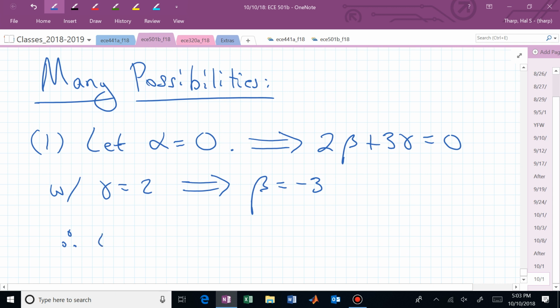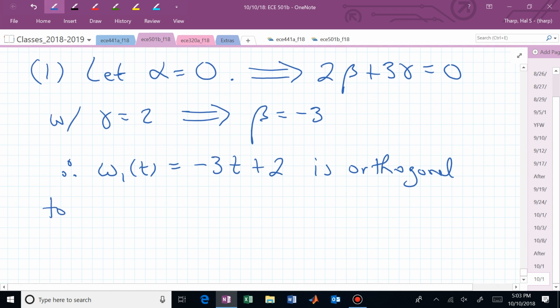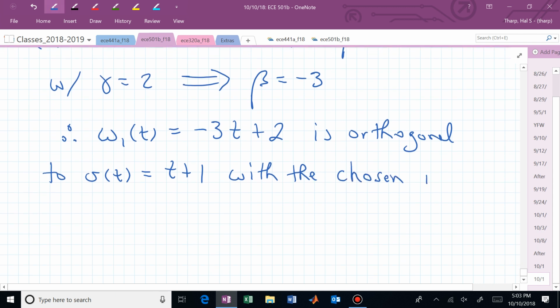Therefore, one W, let me say W1 of t, that's orthogonal, would be minus 3 t plus gamma, is orthogonal to V of t equaling t plus 1 with the chosen inner product.